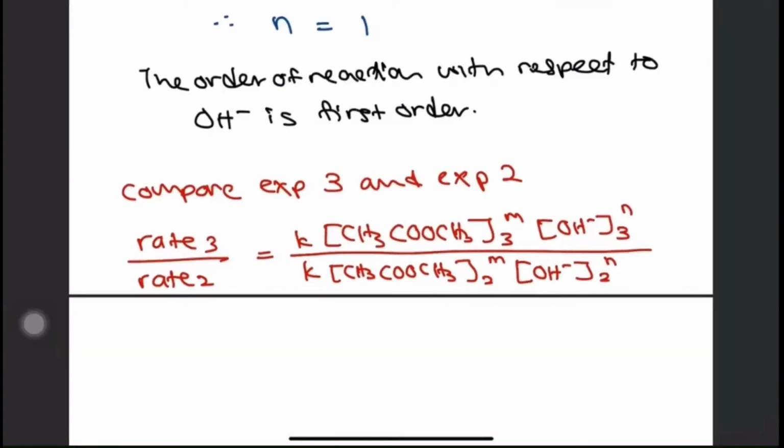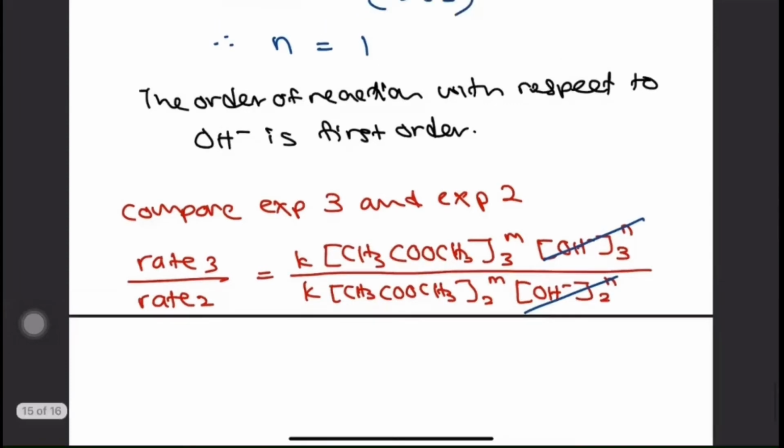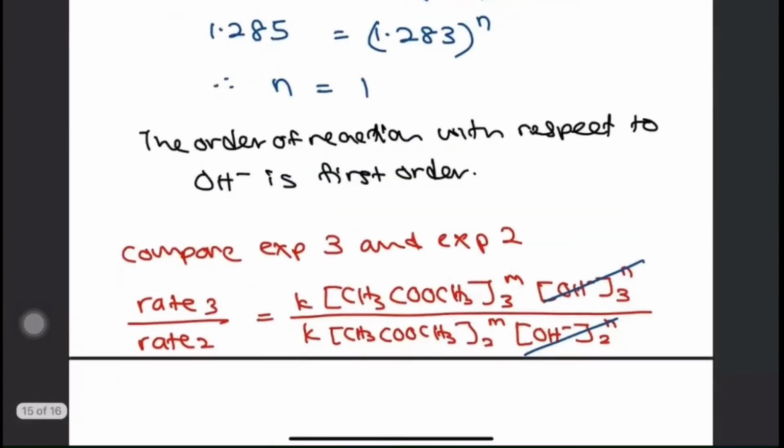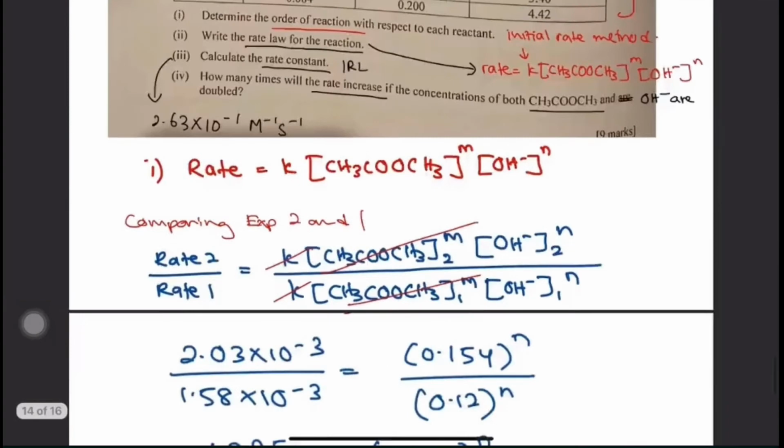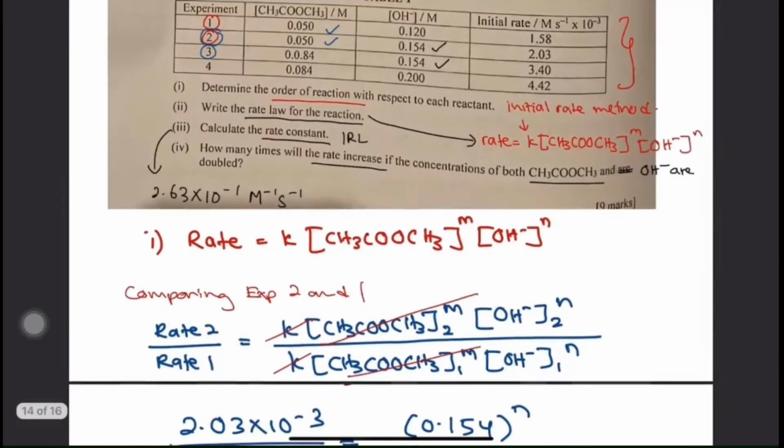Okay. So now in this case, what is the same is the concentration of OH minus. Therefore, as well as the k value, you can cancel that. So now substitute in the corresponding values, 3.4, 2.03.